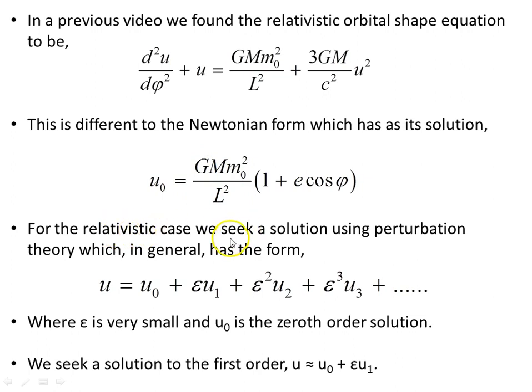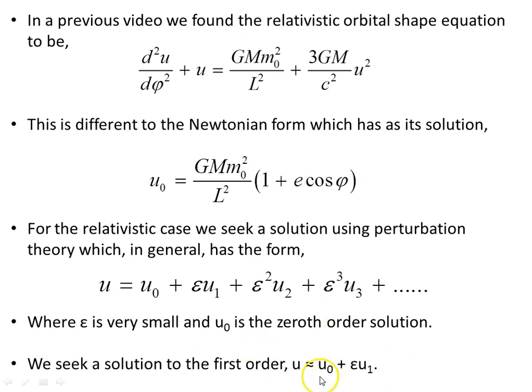Now for the relativistic case, we seek a solution using perturbation theory, which in general has the form u is u0, the 0th order solution, plus the first order solution u1 times epsilon, a small parameter, plus epsilon squared u2, second order, third order, and so on, where epsilon is very small and u0 is the 0th order solution. Now we seek a solution to the first order, u equals u0 plus epsilon u1.